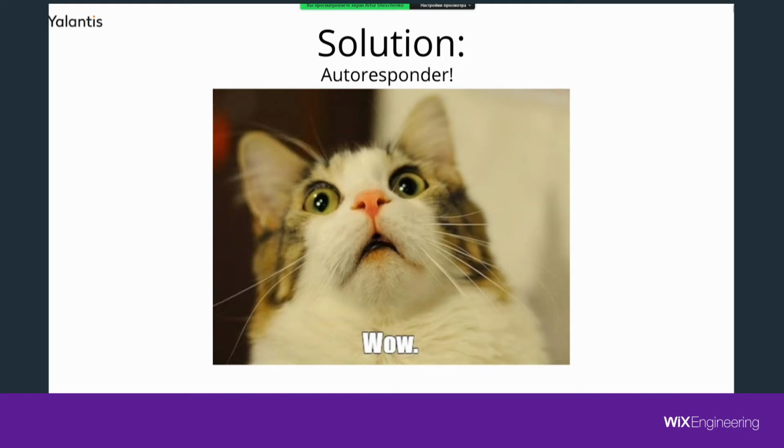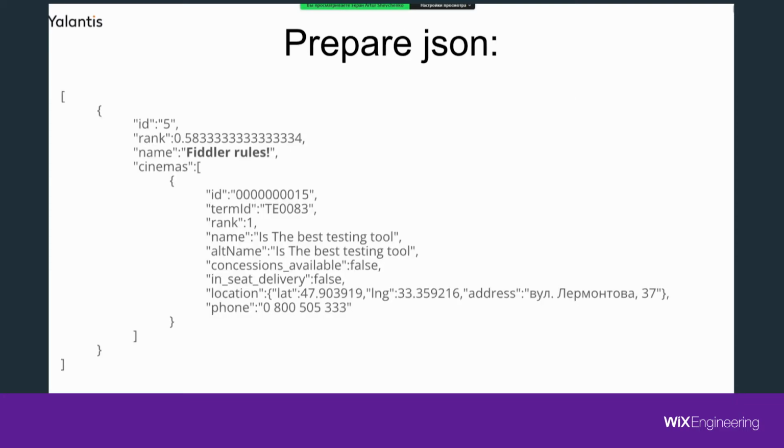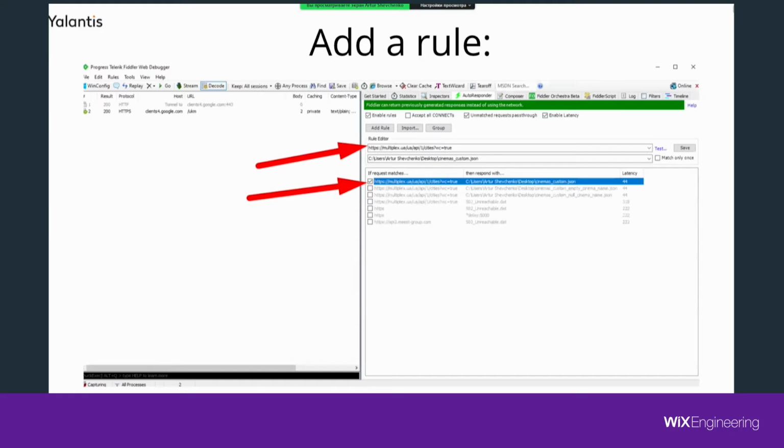Great. So let's continue. First of all, we need to prepare a JSON file. It is based on our response model, and we need to remove everything that we do not need and leave the data that we need. Then we need to add a rule for mocking. Firstly, we should define what address we will mock and put it on the first red arrow.